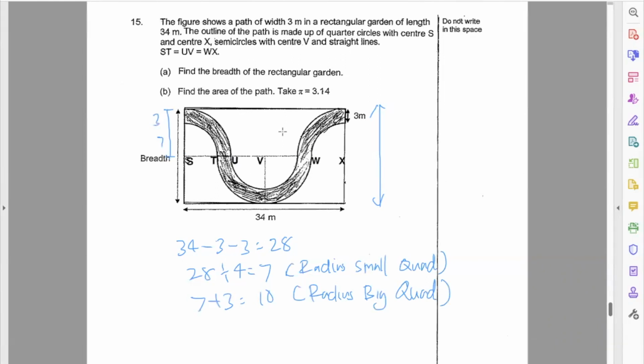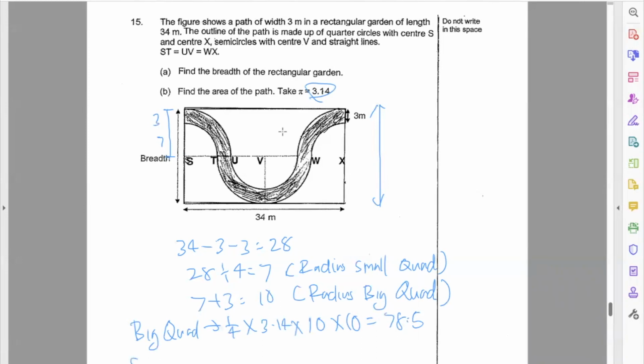So knowing the radius, we'll be able to find the area of the quadrant. Area of the big quadrant is equal to 1/4 multiplied by pi, given as 3.14, times the radius of the big quadrant, 10 times 10, you get 78.5.